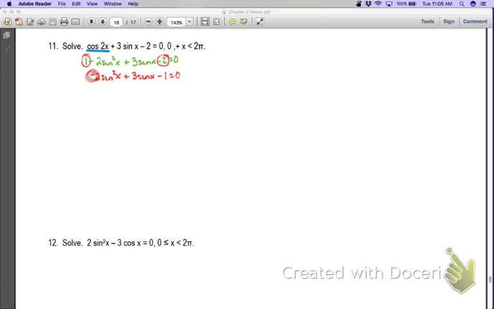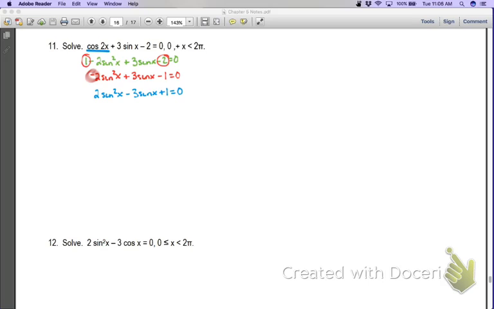So I can multiply everything by negative 1, I can divide by negative 1, whatever you want to call it. Okay? And whenever I do, I'm going to have 2 sine squared of x minus 3 sine of x plus 1 equal to 0.